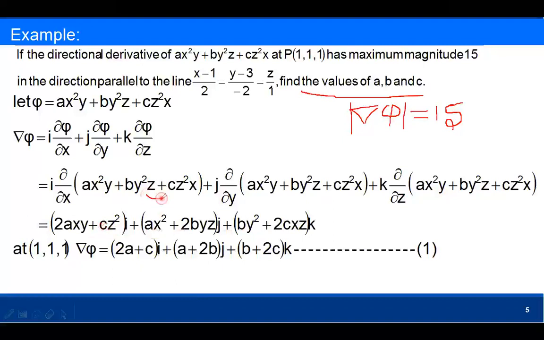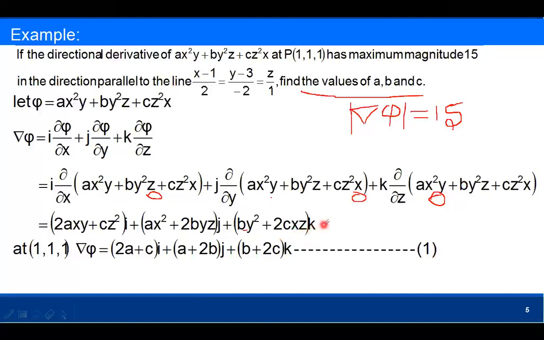So derivative of x is 1, c z square i. Plus similarly with respect to y, y derivative is 1, a x square, plus here there is no y term, this value will be 0, y square derivative is 2y, that is 2y into bz, that is 2byz j. Plus similarly with respect to z, there is no z term in this value so it will be 0, in this derivative of z is 1, b y square, plus z square derivative 2z into cx, that is 2cxz k.